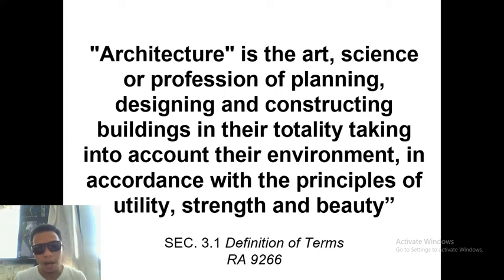So the law RA 9266, if you look at the definition of architecture in that law, you can determine that part of its definition was based on the idea of Vitruvius, what we discussed earlier: utility, strength, and beauty. Combination of two, no, that's a combination of three, that's architecture. Okay?